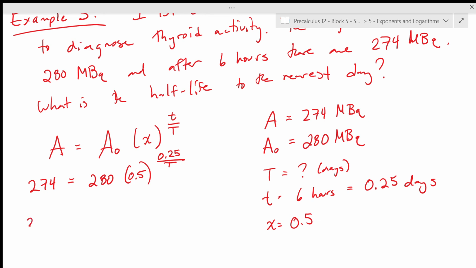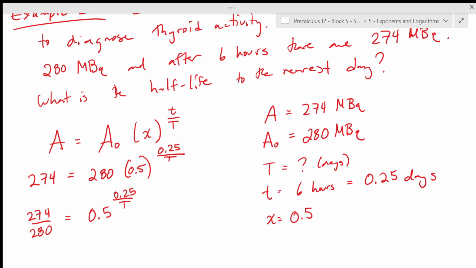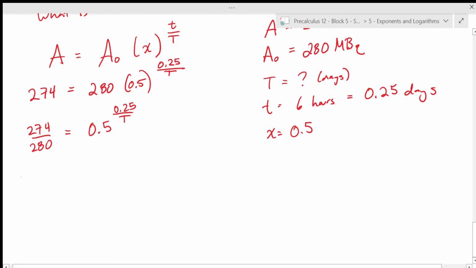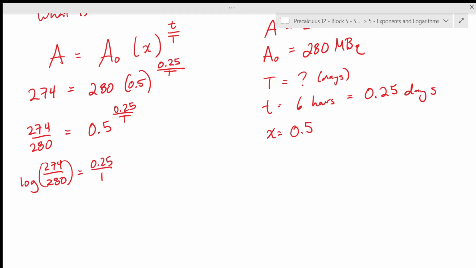So I'm just going to write 274 divided by 280 equals 0.5 to the 0.25 over big T. We're going to log both sides, so we'll have log of 274 over 280 equals 0.25 over T times log 0.5.